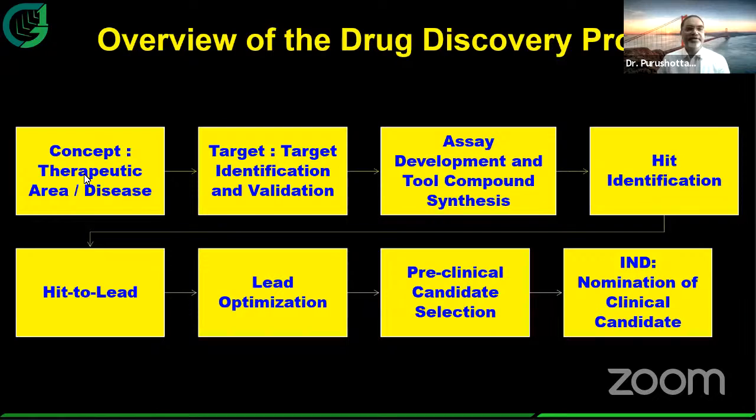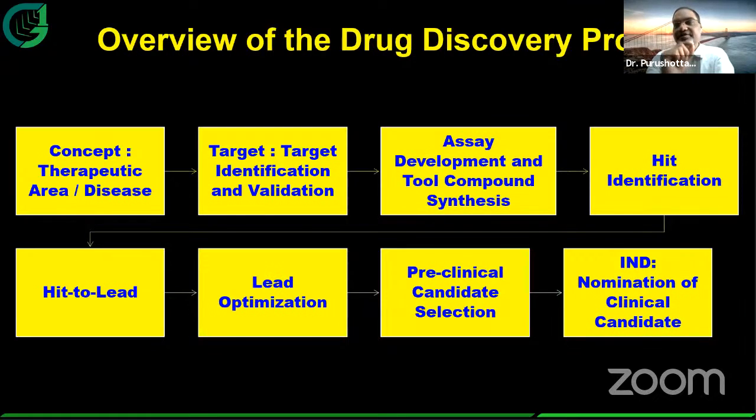The concept and therapeutic area is defined, as in which area we need to work or which disease we want to target. Then in structure-based or targeted molecule based drug discovery, the target identification is done and the validation of the target is a very important aspect.